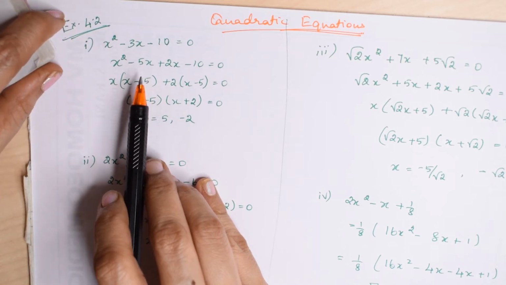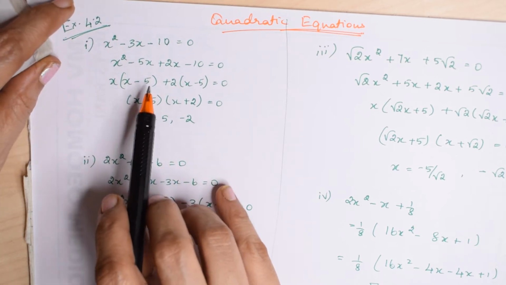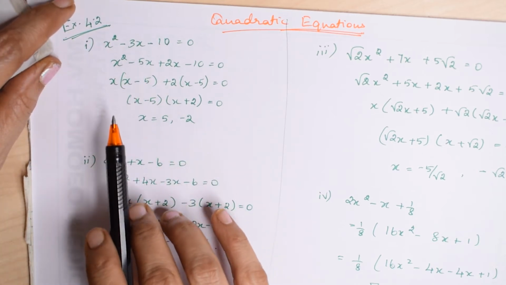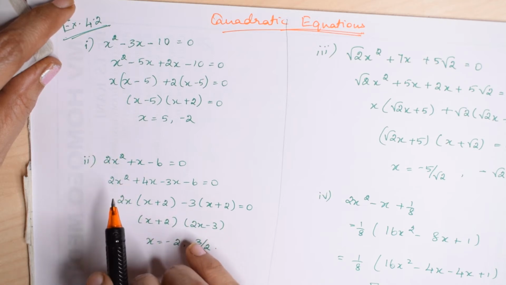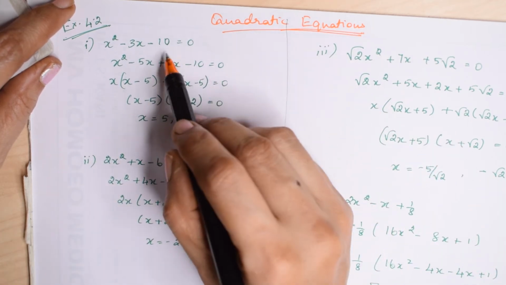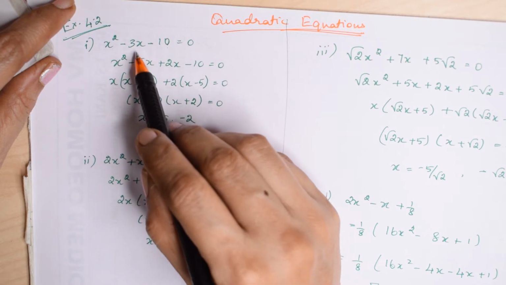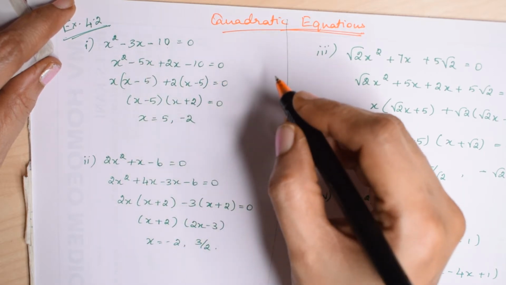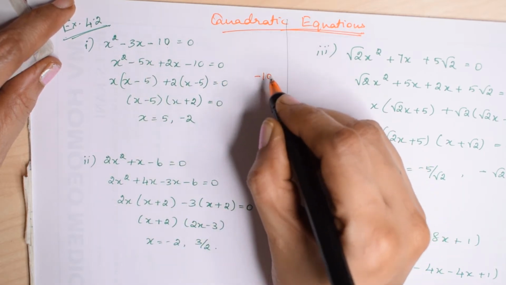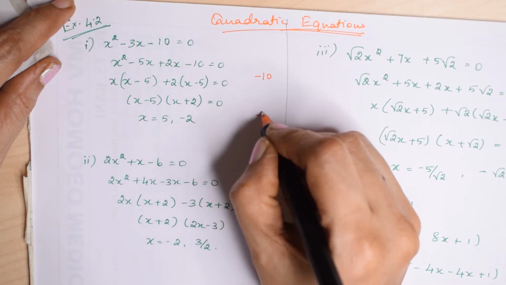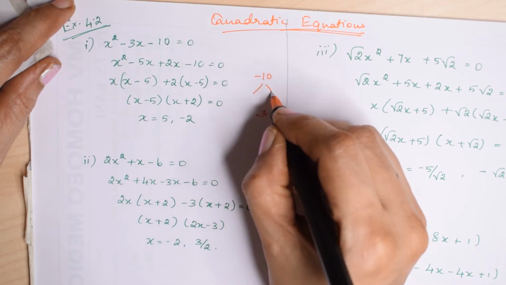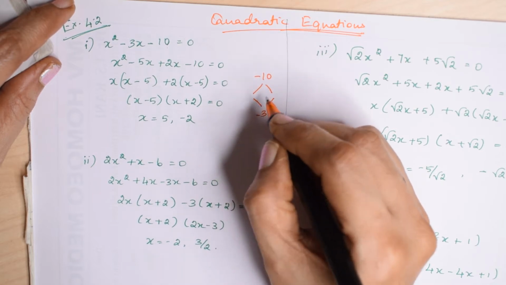Right. So x square. Now here you would have been doing these sums earlier, but I will explain it again. This last term is the product and this middle term is going to be the sum. So I want the product to be minus 10 and the sum to be minus 3. I have to find such numbers which will solve this.